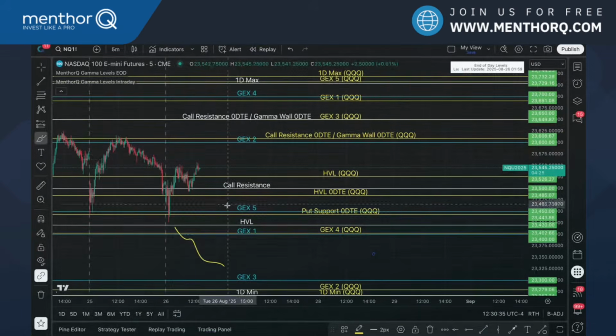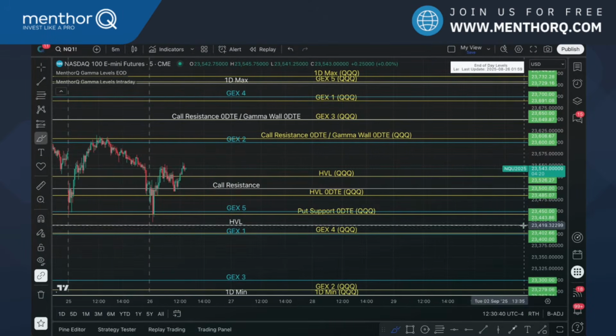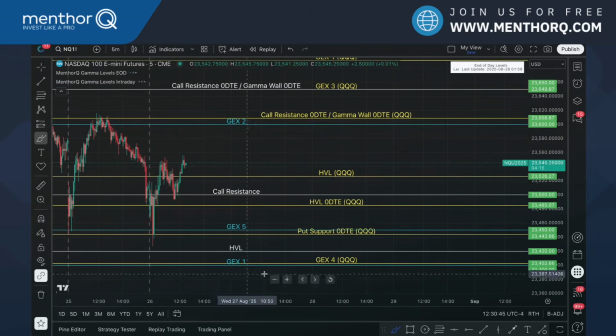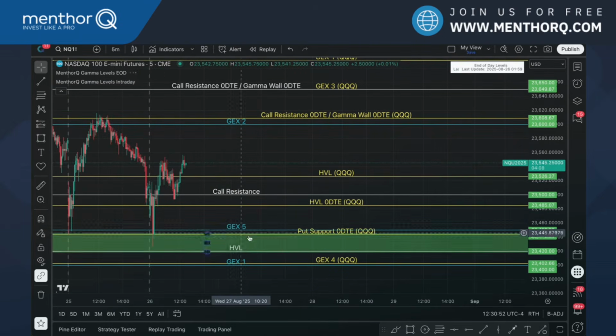If I were to position myself for today, I know that if the market is going down, there's going to be some major support around this area, which is my put support from QQQ as well as the high vol level from NQ. We broke through this area, so I know that once we break through the high vol level, the volatility is going to be higher. But then we also have some strong levels protecting the downside.